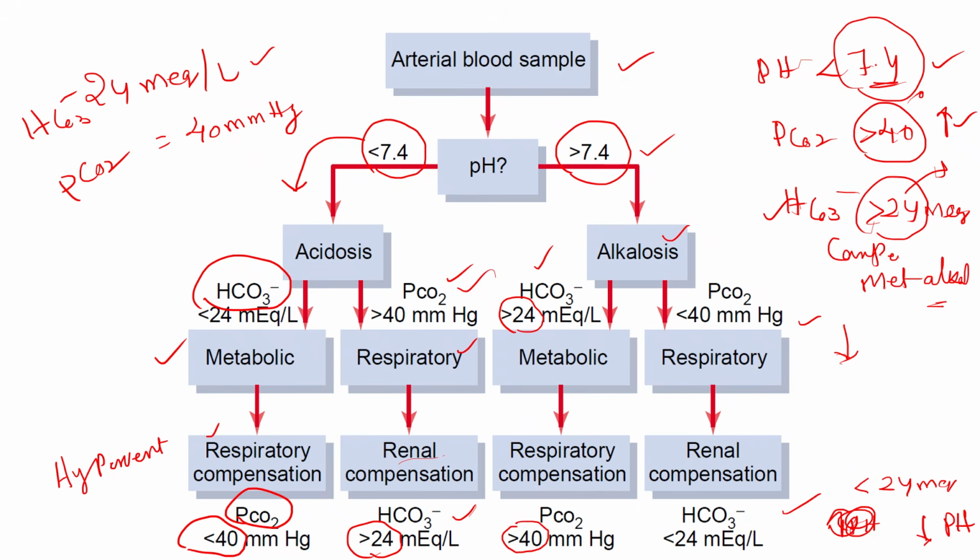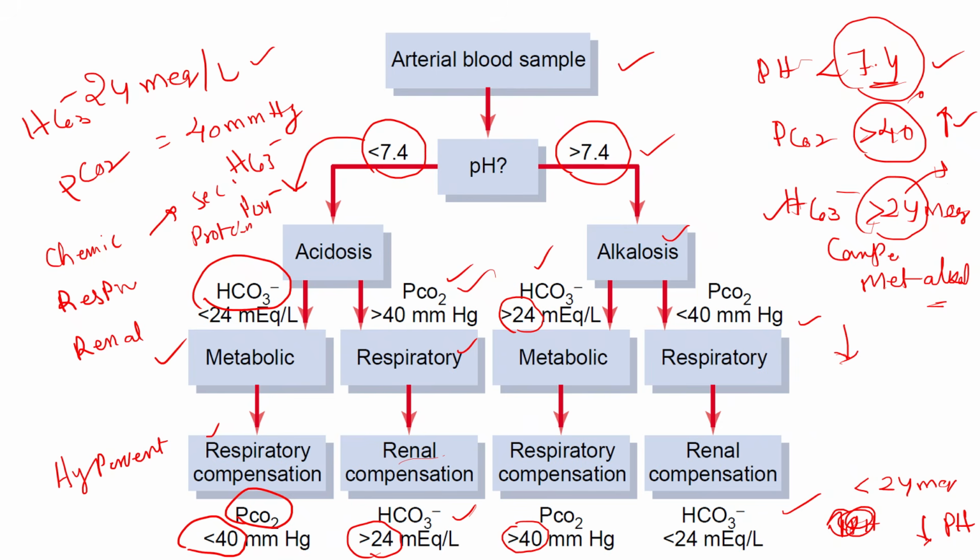So this is how to analyze an ABG sample. So to summarize, we have three buffer systems. One is chemical, one is respiratory, another one is renal. So chemical buffer occurs in seconds and mainly bicarbonate, phosphate and protein.